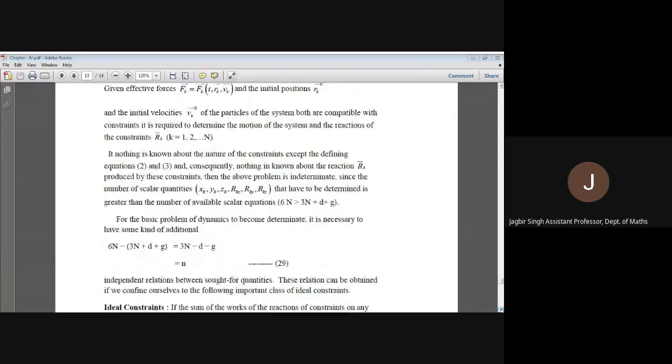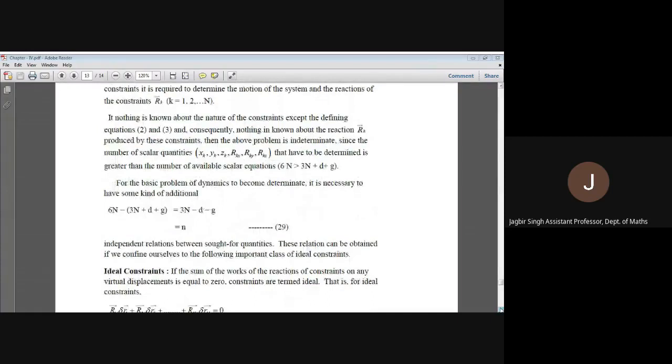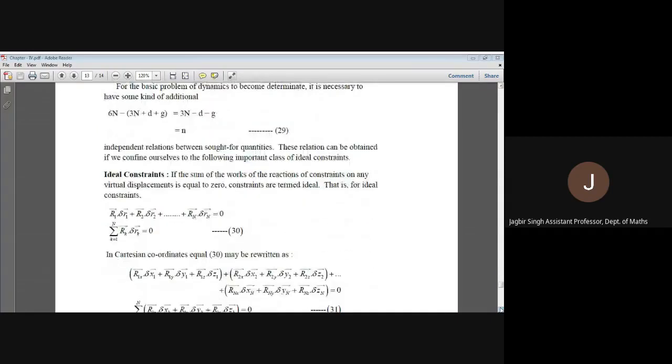Okay, so the next one, ideal constraints. These are those constraints for which the sum of the works of reaction forces over virtual displacements is 0. The work done is force into displacement. Here we are saying that if the work of reaction forces over virtual displacements is 0, then the constraints are known as ideal constraints.